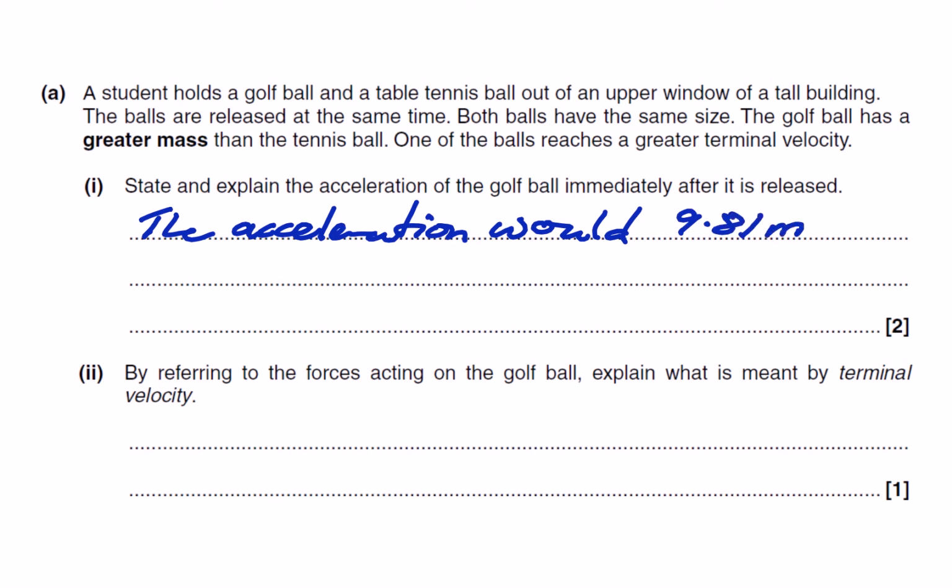Don't forget to put the units in, meters per second squared. And explain: everything has the acceleration of free fall in a vacuum because there's no drag force. And if you're not in a vacuum and there is some air resistance, the only time you don't have any drag force is when it's not moving. So at this point the drag force is zero.